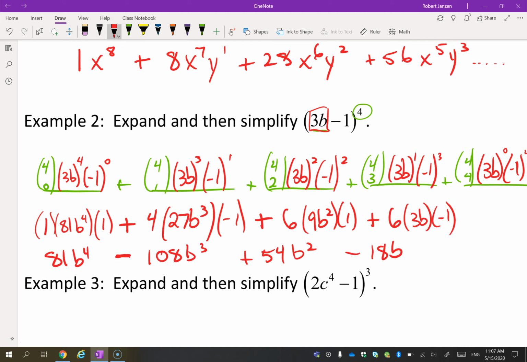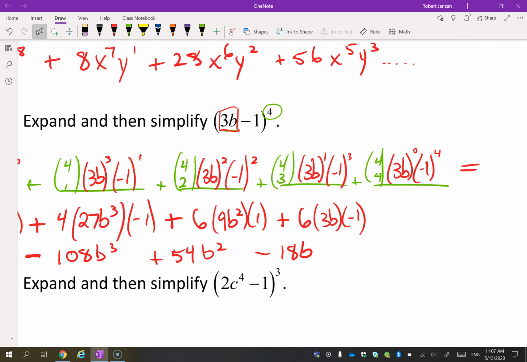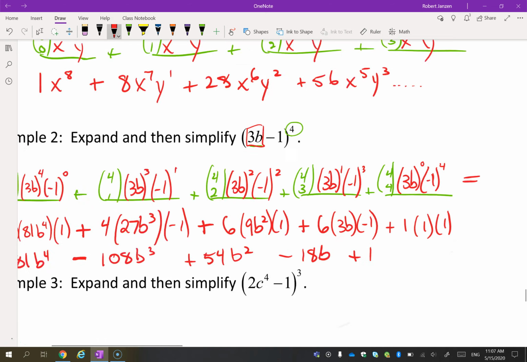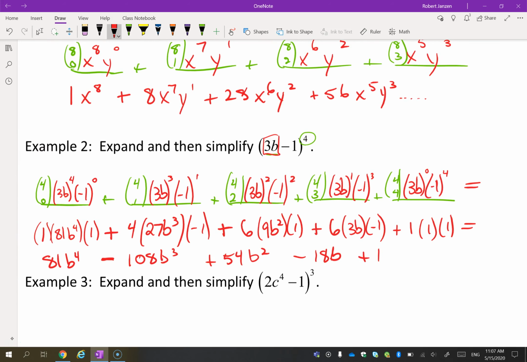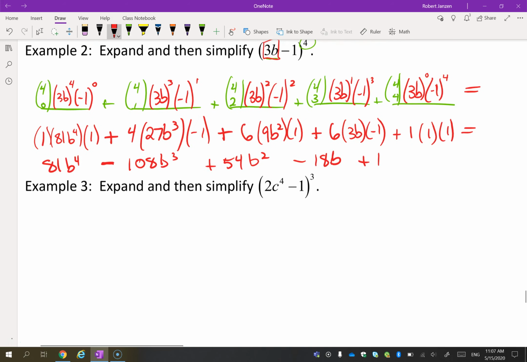This is negative 12b. And last, 4 choose 4 is 1. 3b to the power 0 is 1. Negative 1 to the power 4 is 1. There it is, expanded. Okay, pause the video, see if you can expand this next one.